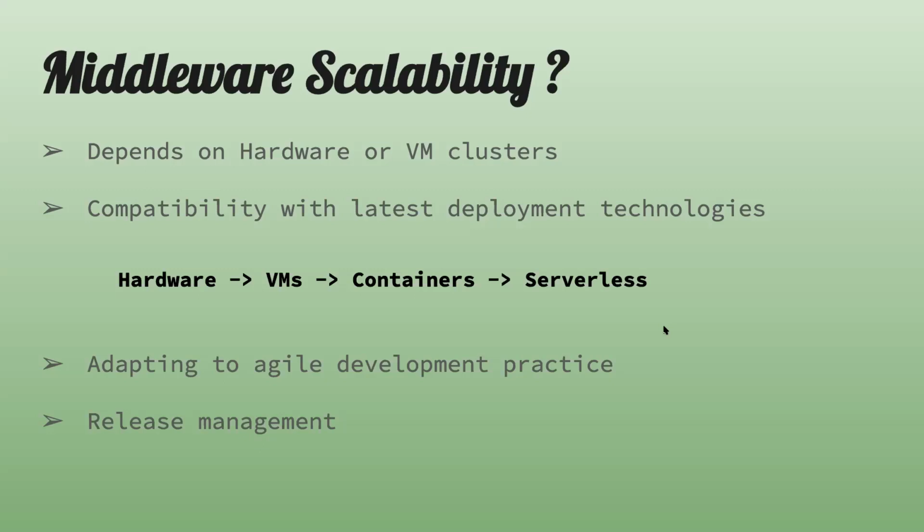In early stages we had hardware, and now we have VM, virtual machine clusters. We can deploy this middleware onto VM clusters or hardware, but the scalability of this deployment is a problem, because it takes some extra effort to scale the middleware through VM clusters, since it has a lot of software functions bound together.